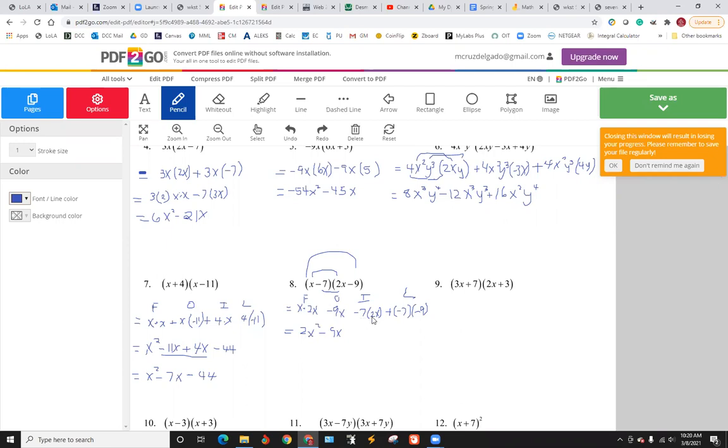We got to multiply the negative 6 times the 2, which is negative 14x. And again, there's your two like terms. You're going to come back.